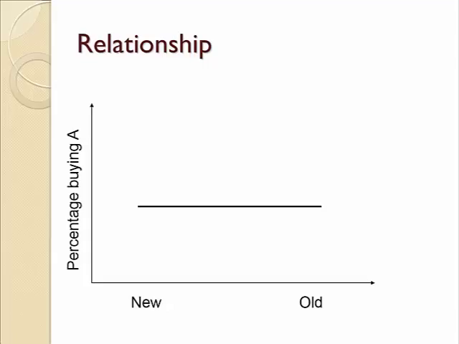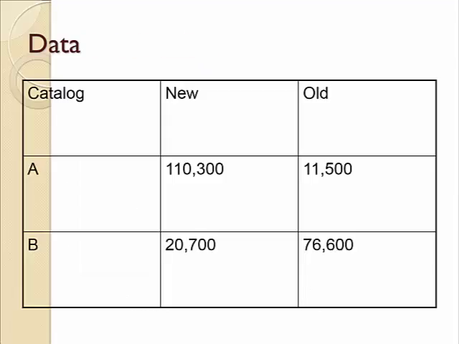So he pulls out the entire data set and finds that the truth is something in between these two pictures, the pictures that I showed in the previous slide. The relationship isn't perfect, as in the first picture, nor is it completely independent.